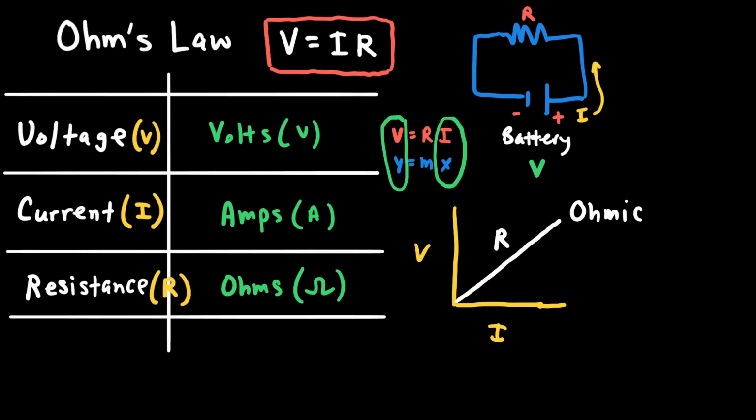The resistance might do something like this, where the resistance is not constant as the voltage and the current are varied. And maybe it does something else. Maybe it looks like this. And materials that don't provide a constant value of resistance as the voltage and current are varied, those materials are called non-ohmic.